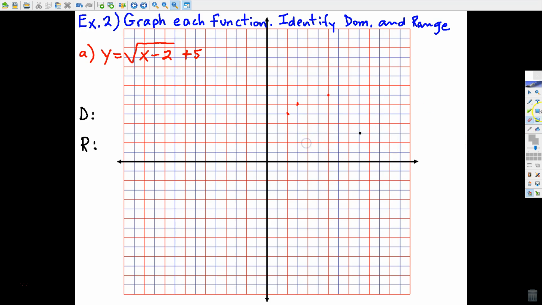Takes care of that. And then do the same thing with this last one. 2 right, 5 up. And this represents the graph that we're given. And the only thing left to do is identify the domain and range. So the domain is going to be from 2 to positive infinity.